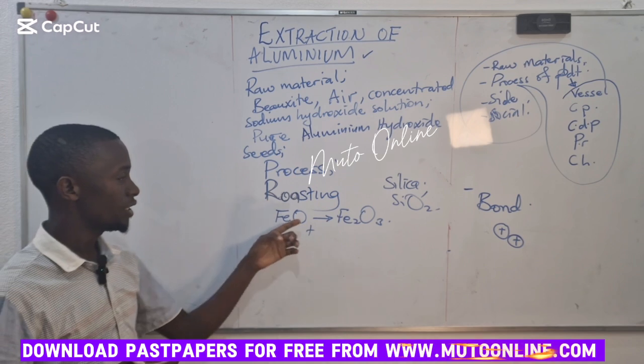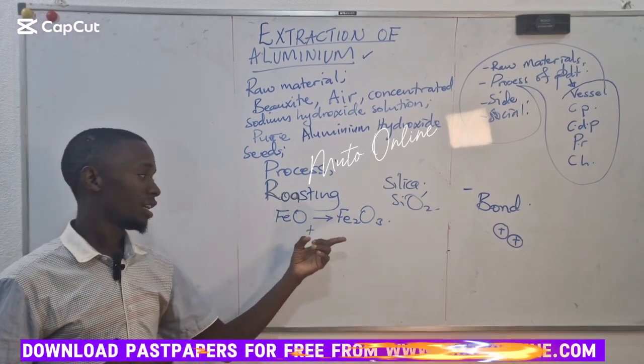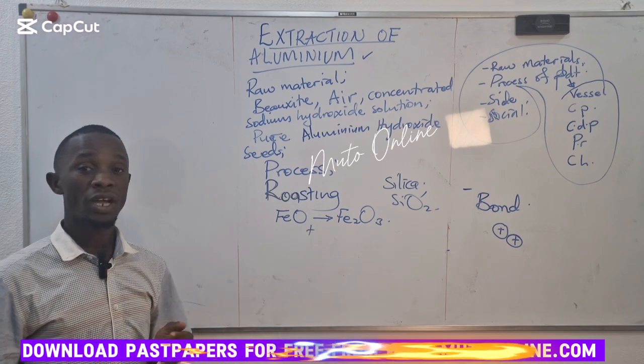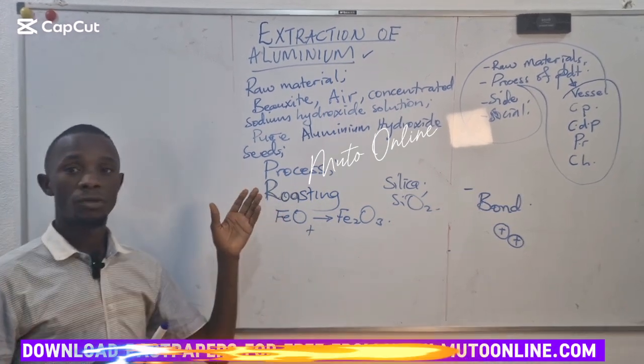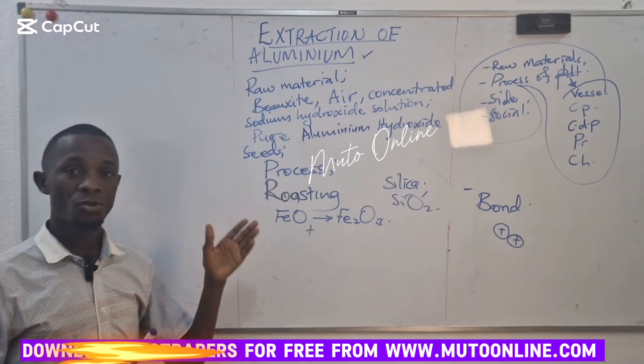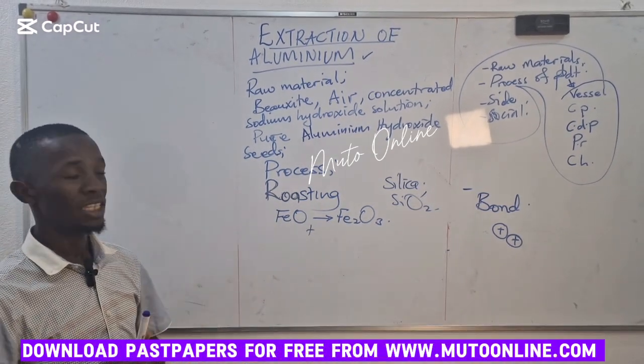So after roasting it to convert this iron 2 to iron 3 oxide and removing water, we usually go on to heat the ore with concentrated sodium hydroxide solution.